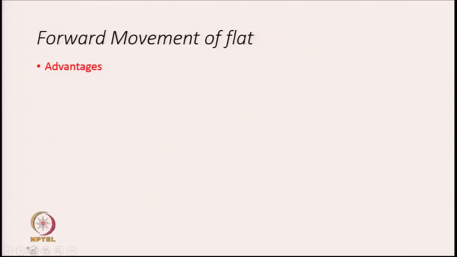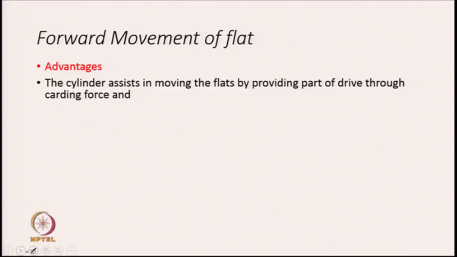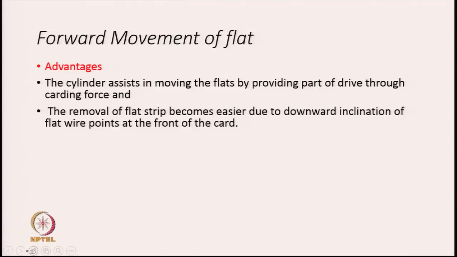Now, the forward movement of flat, what are the advantages? If the flats move in the forward direction, the cylinder will assist in moving the flats, by providing part of the drive to the carding force. That is one of the advantages we get, and the removal of flat strip becomes easier due to downward inclination of the flat wire points at the front of the card.